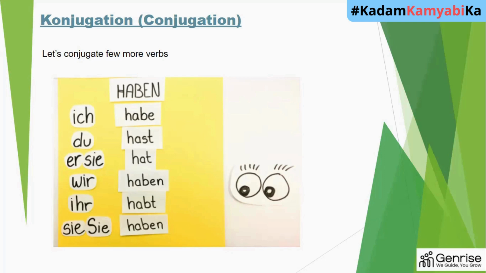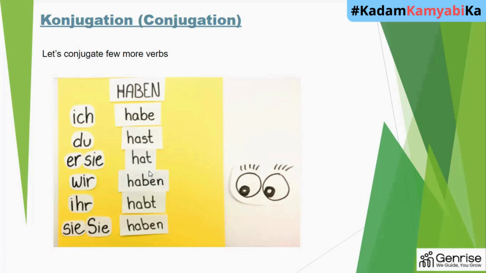I have, ich habe. You have, informal. Du hast. Capital Sie is haben, which is you have, formal. Note, er, sie, es, all three will come here, and the conjugation is not hat.